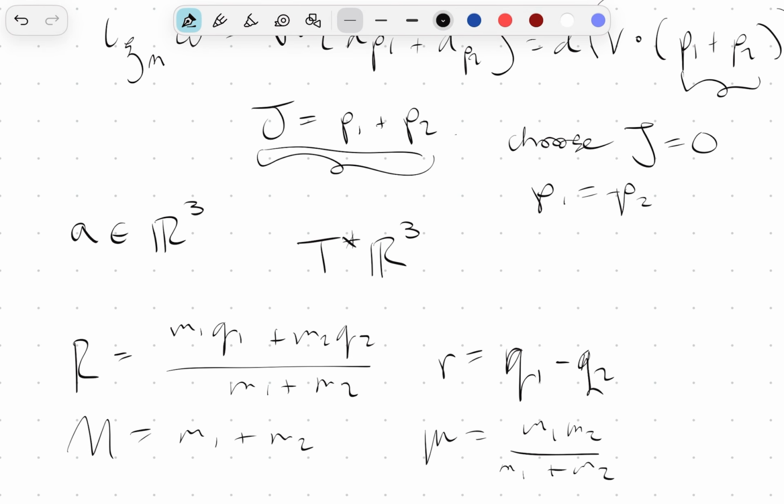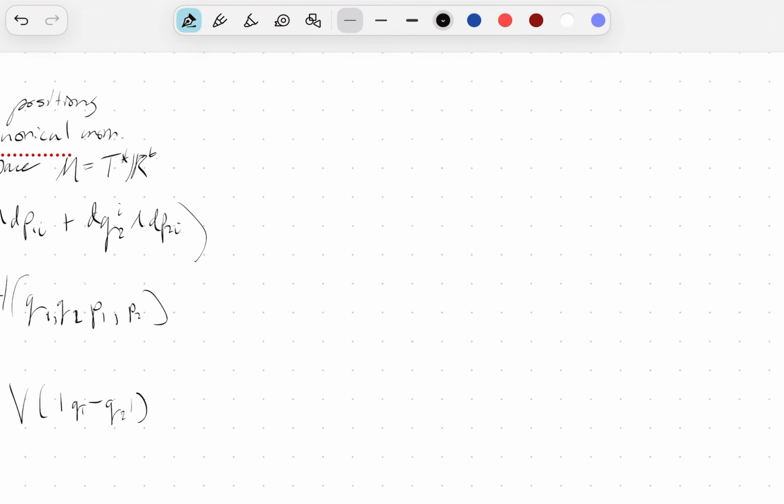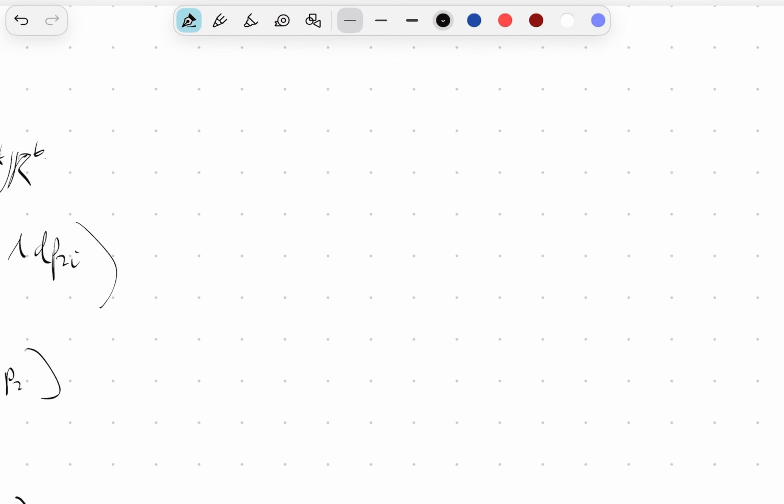Okay? So the conjugate momenta: let's have a capital P represent the total momentum, P1 plus P2.